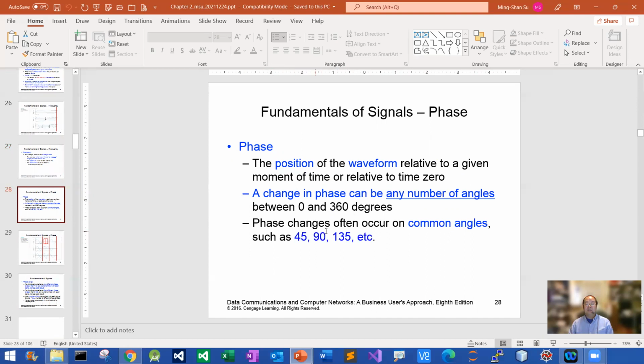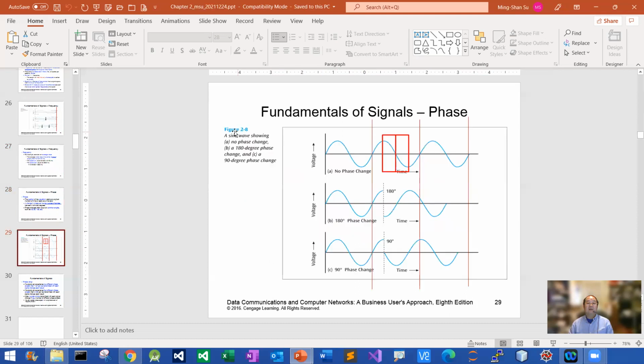Phase changes often occur on common angles such as 45 degrees, 90 degrees, 135, etc. Figure 2-8 shows a sine wave with A, no phase change, B, a 180 degree phase change, and C, a 90 degree phase change.